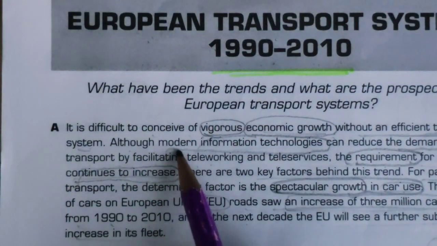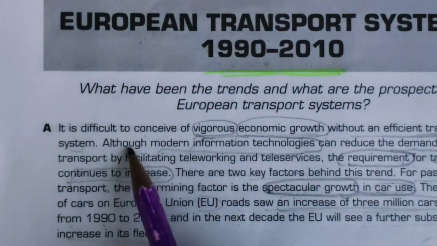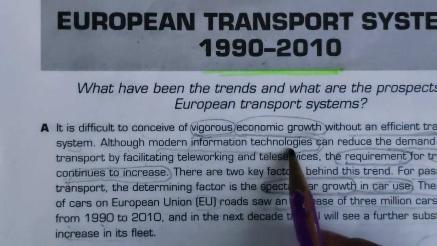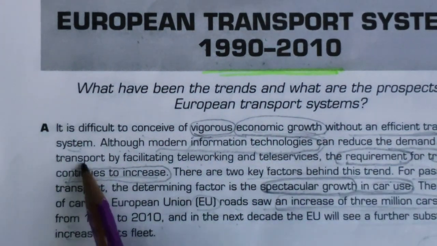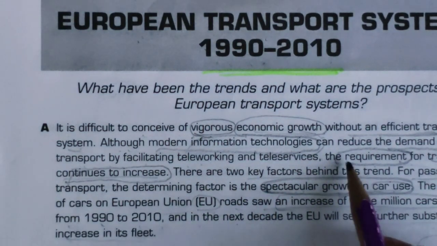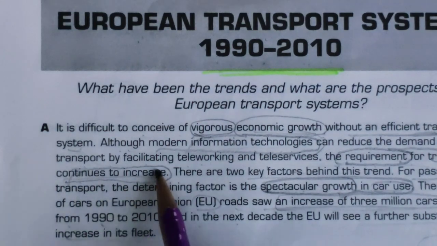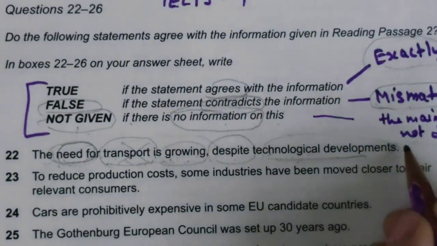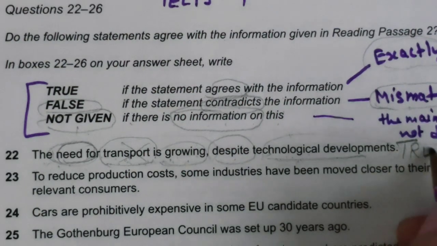Here it is given, although modern information technologies can reduce the demand for this, and in the next part of the sentence they are using the requirements for transport continues to increase. So our answer is what? Yes, it is true, fully true answer.